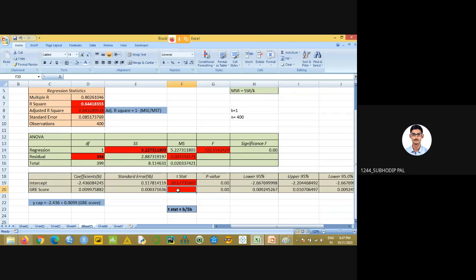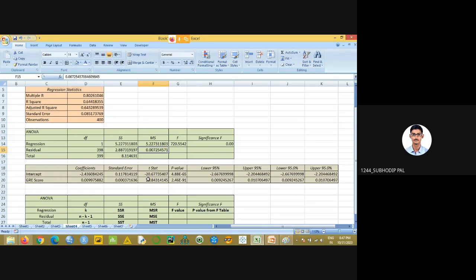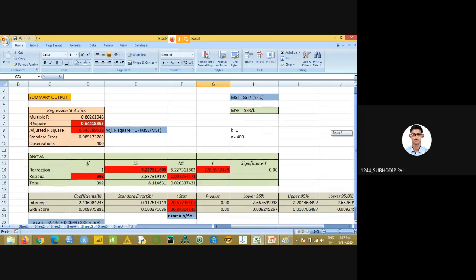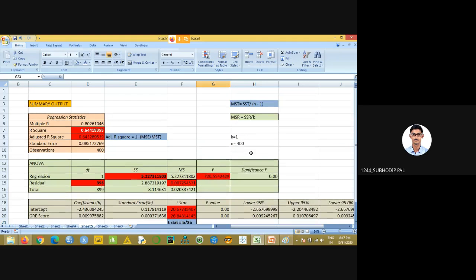For the next one, this B value divided by this one. So minus 20.67 and 26.84. Let me check that. Minus 20.67 and 26.84 is correct. Got it. So if values are missing like that, you can now calculate.